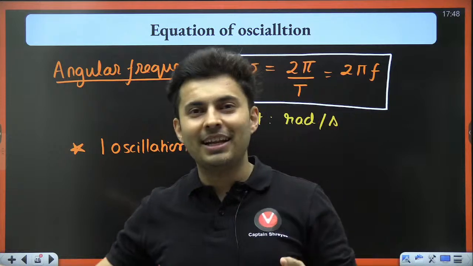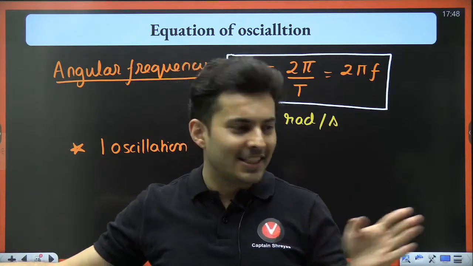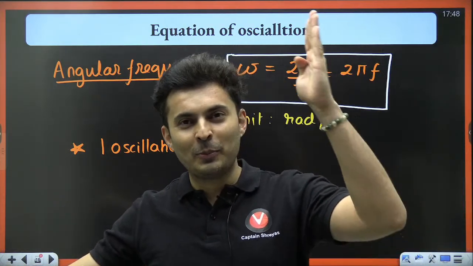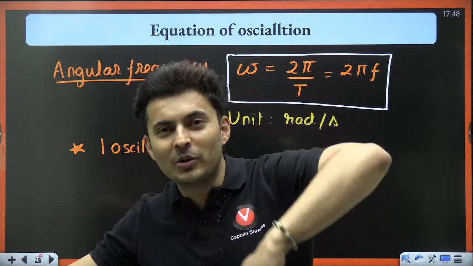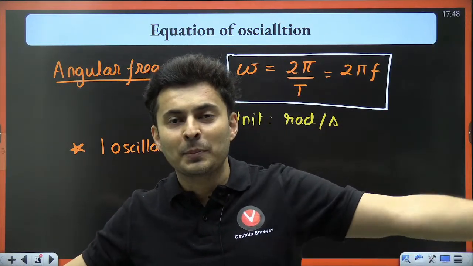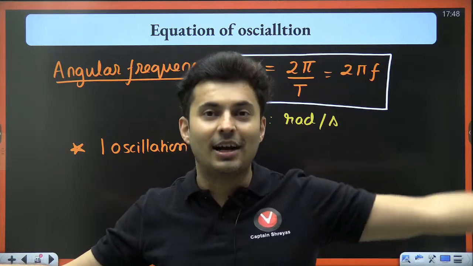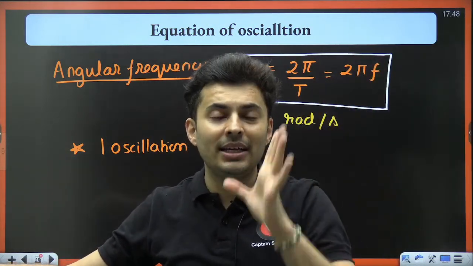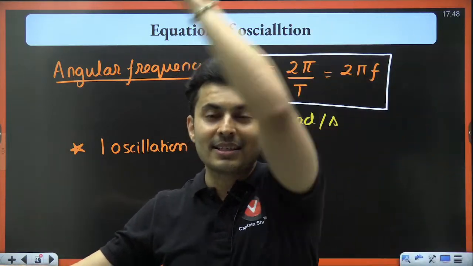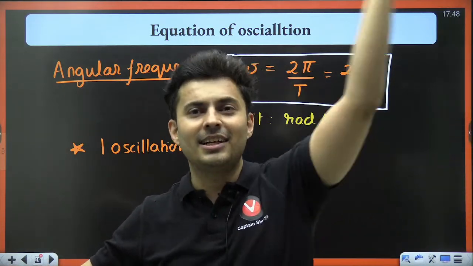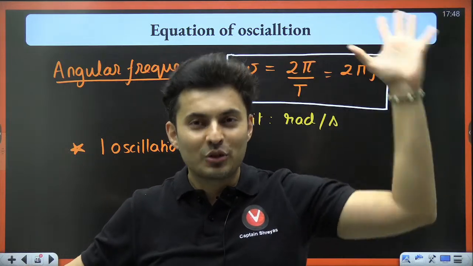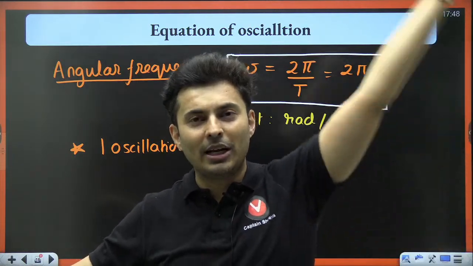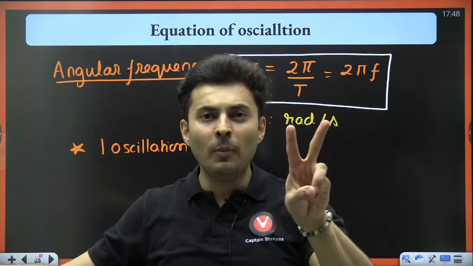And in trigonometry, remember we have studied this, you start with 0, you go to pi by 2, you go to pi, you go to 3 pi by 2 and you come back. So you complete one round. That angle covered is 360 degrees. In radians it is 2 pi radians. So just like in trigonometry, one round is 2 pi radians.